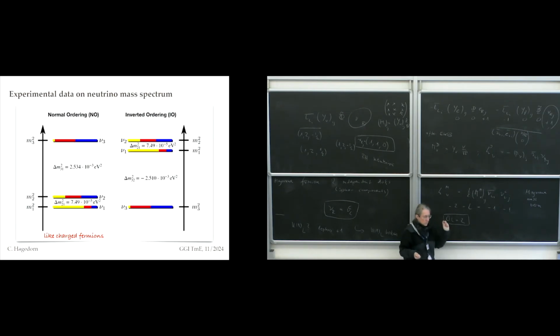Then the next question: there are 2 main routes to go. One route is a theory route. The theorists would ask, what can I do with this term at the level of the Standard Model? That's more or less me. The second route, which is also very much justified and extremely important to pursue, is the question, how can we test that?